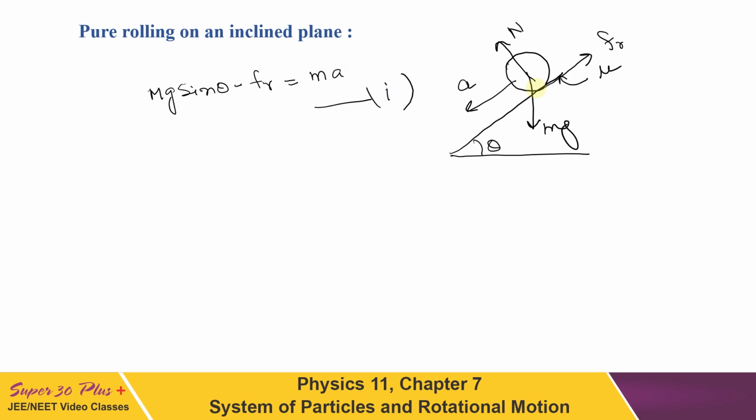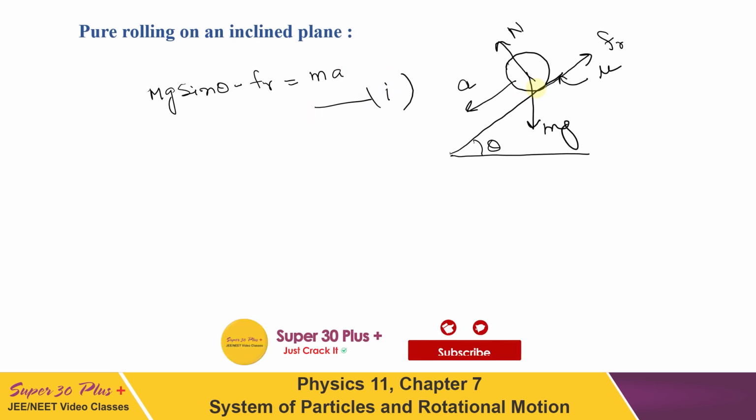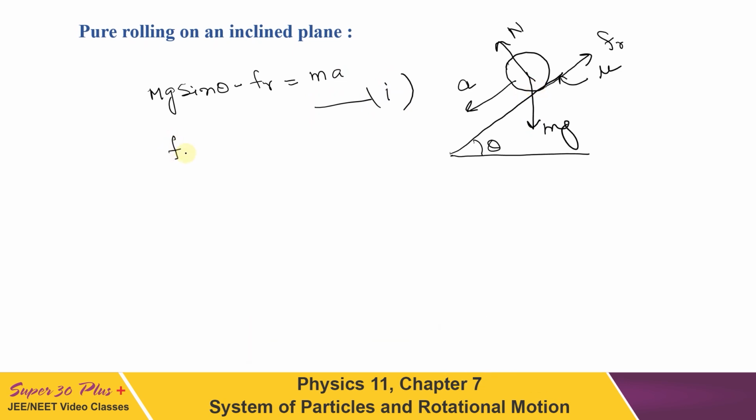So it can be said that friction is needed for rolling in the situation shown where no other external force is acting. And I am writing torque for the friction, that will be Fr multiplied with the radius r, so Fr into r has to be equal to I alpha. This is our equation number 2. One more condition we can write, a is equal to alpha r, considering that there is no slipping.